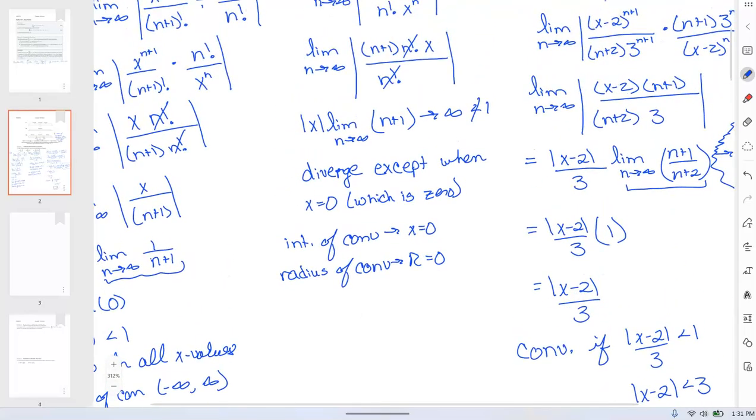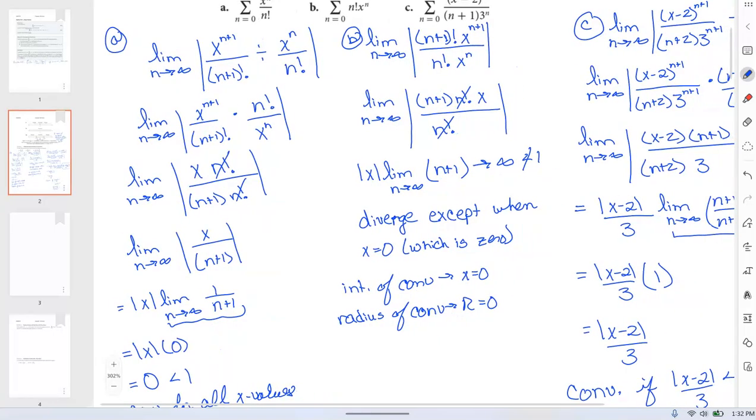In example 2, when we found that limit, it was infinite, which meant that this is always going to diverge. So there's nothing really more to do there if it's always diverging, except when x is at its center, then the interval of convergence is that single point, and the radius of convergence is 0 because it's just one single point.